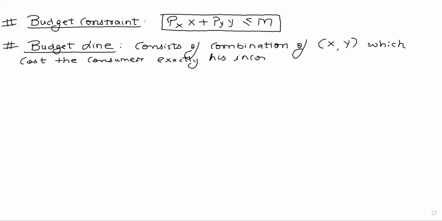So when we talk about the budget line, guys, the budget line consists of combinations of good X and good Y which cost the consumer exactly his income. So if I plot the budget line equation, it's going to be Px into X plus Py into Y exactly equal to M.